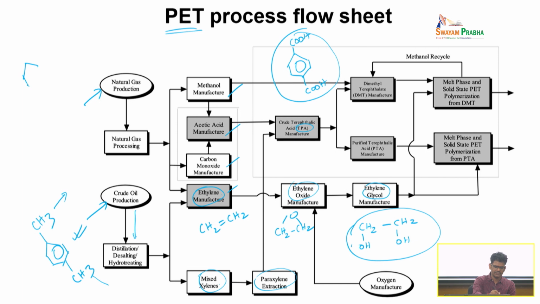Then the reaction goes something like this: you have terephthalic acid, and then you combine this with CH2OH, CH2OH. Then you have a condensation of water here.